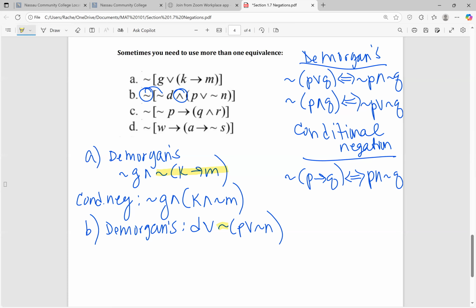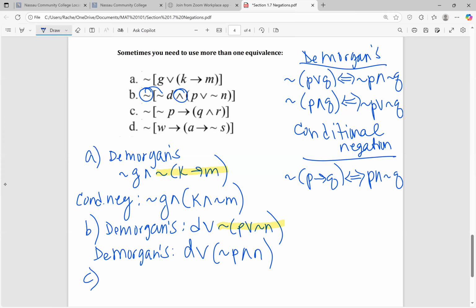We still have inside here the negation of a disjunction, the negation of an or. So we can apply De Morgan's again. So we're going to have D or, let's negate P or not N. So that's going to be not P and a not N, which is N. So we end up with D or not P and N. Let me just make that look more like an N.